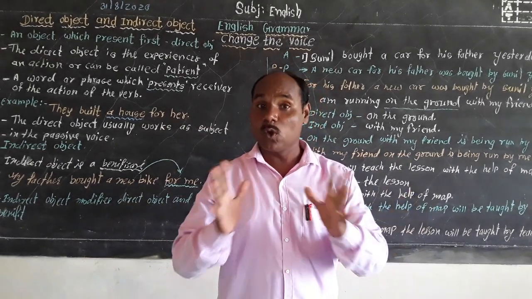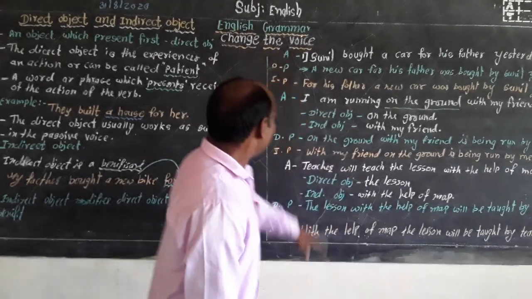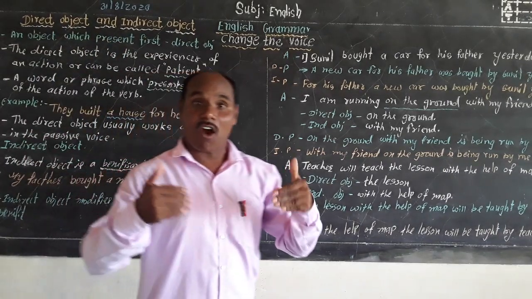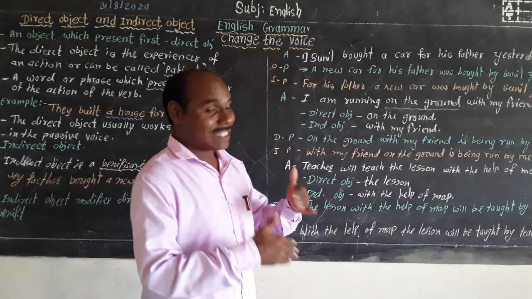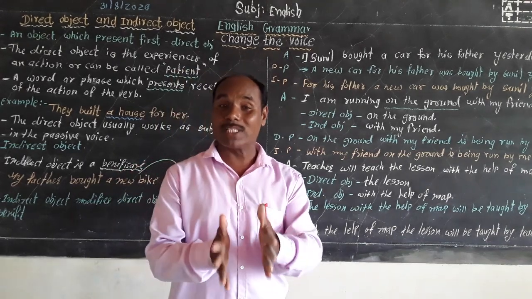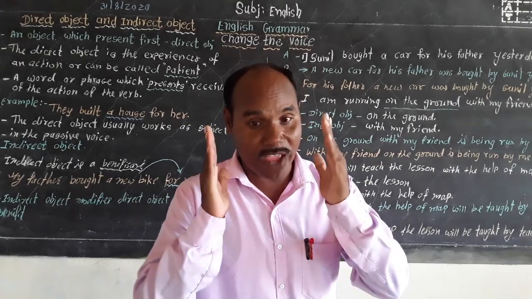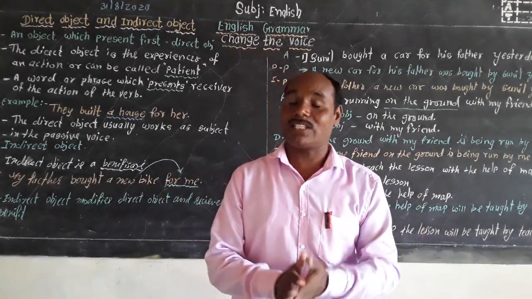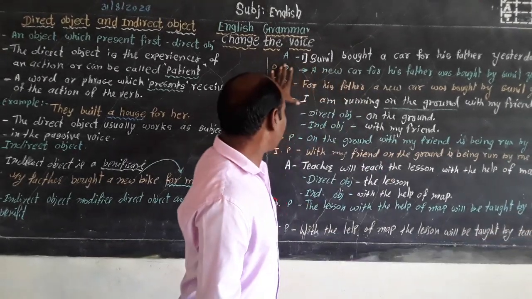No rules are changed, only the direct object and indirect object occur in the sentence. We just have to set up the objects according to the rules of active and passive, and also think about the sense and meaning of the sentence. It's not very difficult, my friend.